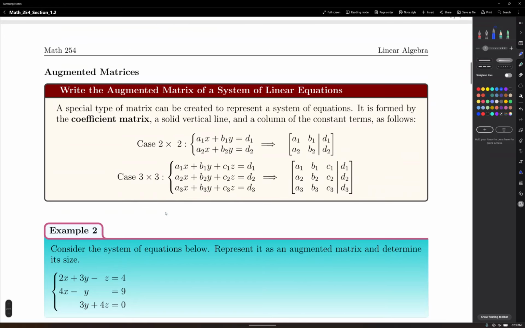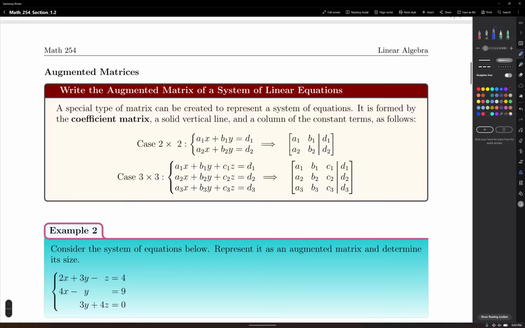So augmented matrices, what is this? We're going to turn a system of equations, like the 2 by 2 case, into a matrix. All we do is write a matrix. Notice how we have a matrix with a vertical bar right here. Most textbooks do not include that vertical bar, by the way, but I will.